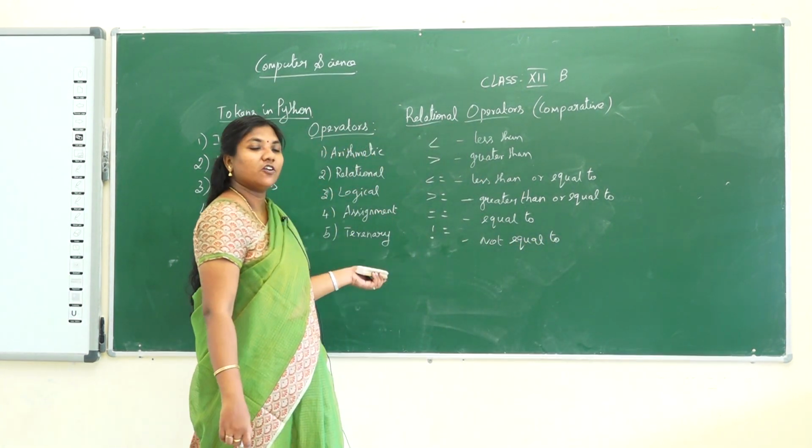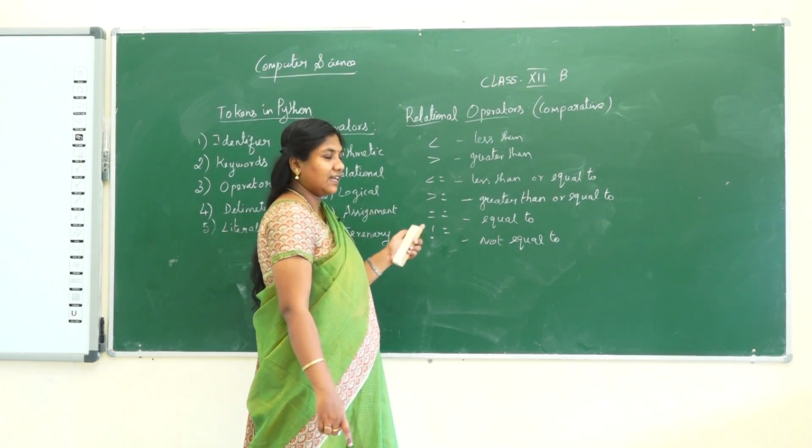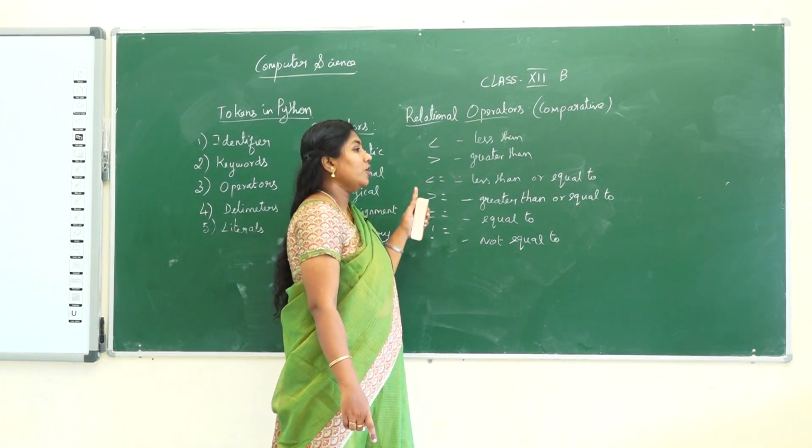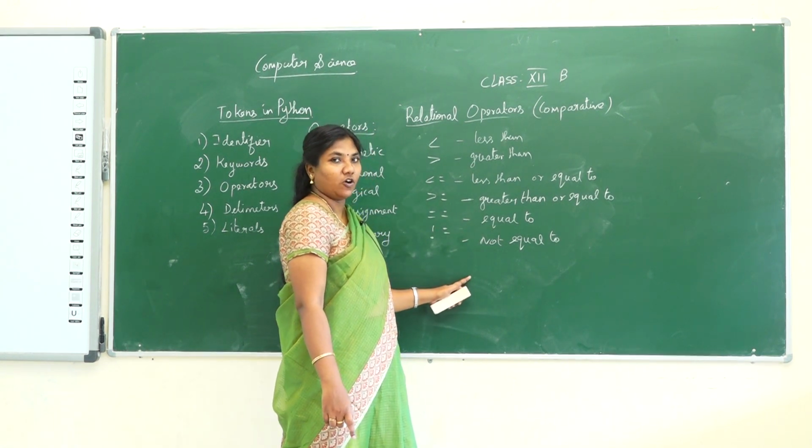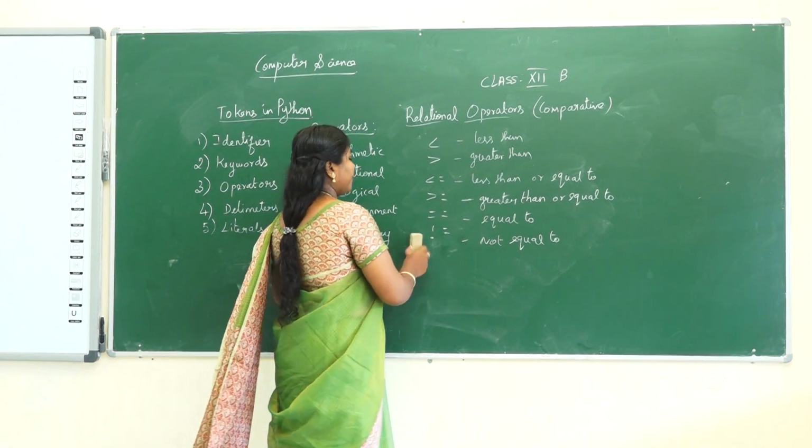Okay, so relational operators: less than, greater than, less than or equal to, greater than or equal to and not equal to. So these are the comparative and relational operators. We will see in the program how we are going to handle it.